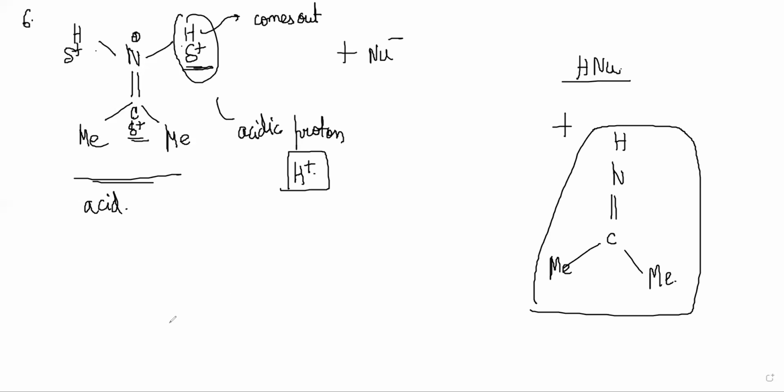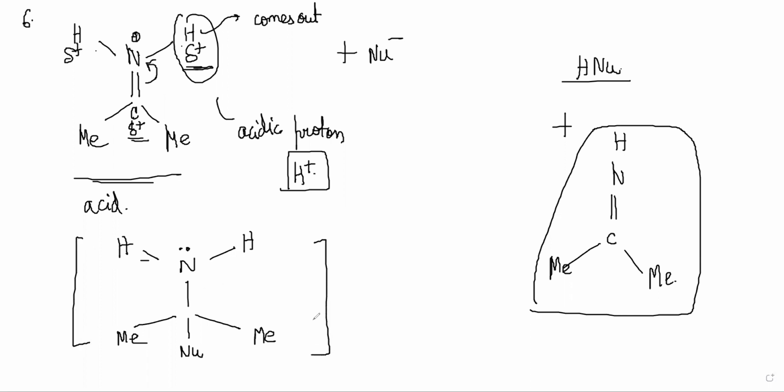So if the nucleophile comes and attaches, you will get nucleophile-carbon, and then this bond breaks. So it becomes a single bond, NH2, and this becomes a lone pair. So this is a normal type of nitrogen structure that has resulted. Notice that plus and minus got neutralized, and this is a neutral molecule. So this is a possible product, or this is a possible product.